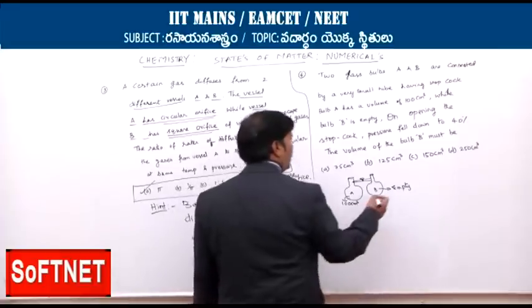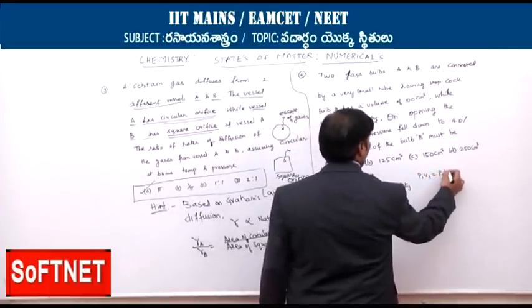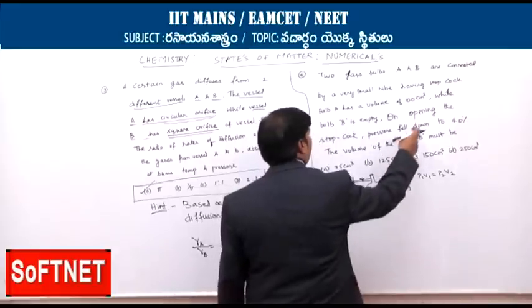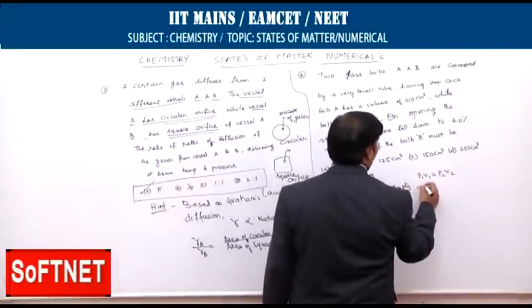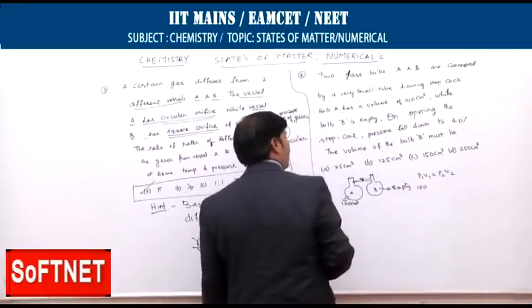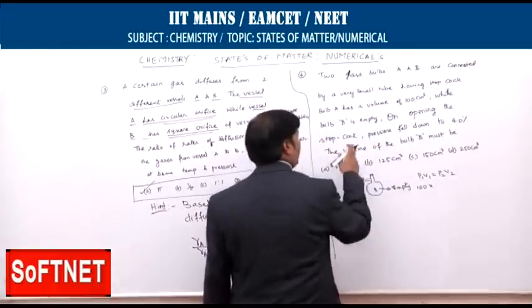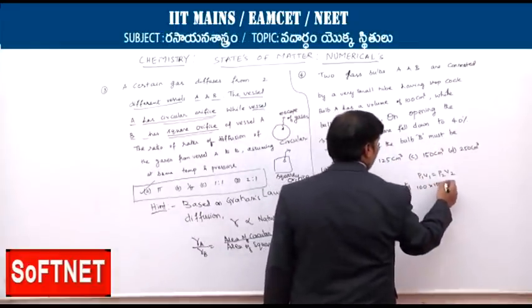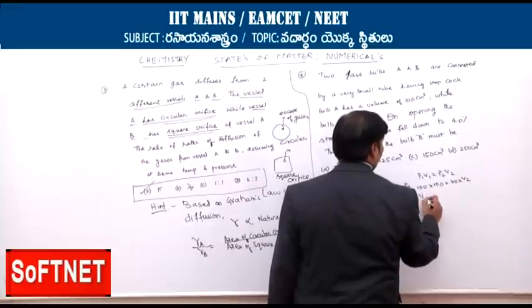So I think you can use P1 V1 is equal to P2 V2. Because he is saying that the pressure has fallen down to 40%, let P1 be equal to 100, and initial volume 100 centimeter cube. Now pressure fell down to 40, so P2 is 40. So what is the final volume?